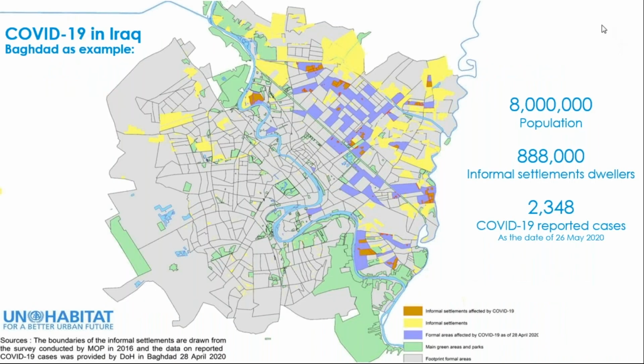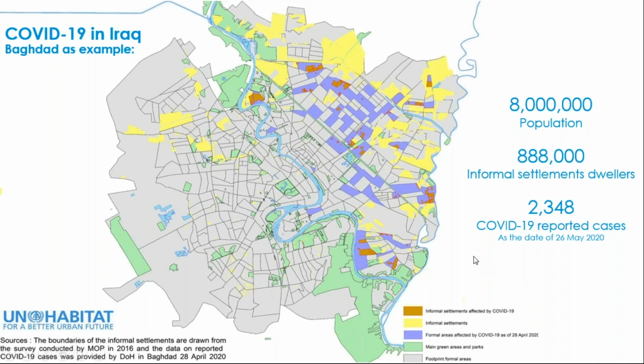So, for example, we bring together the informal settlements, the poor areas, and the most affected areas. As you see here on the screen, we took Baghdad as an example.